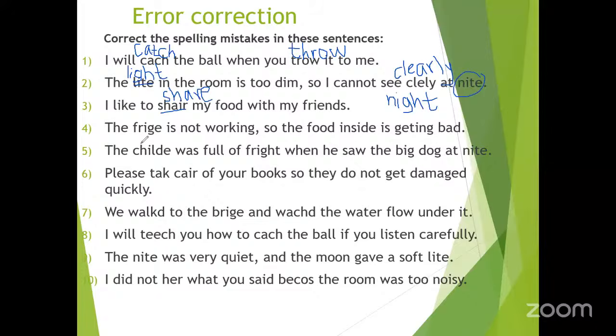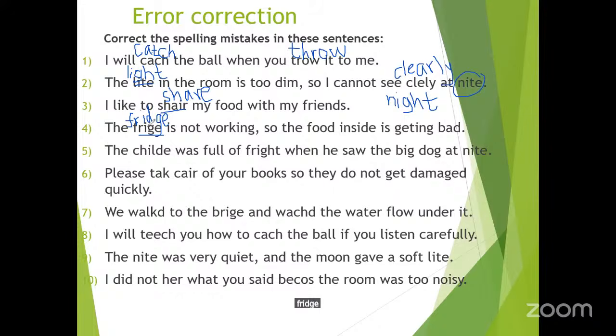Then we have fridge. Fridge, F-R-I-D-G-E.